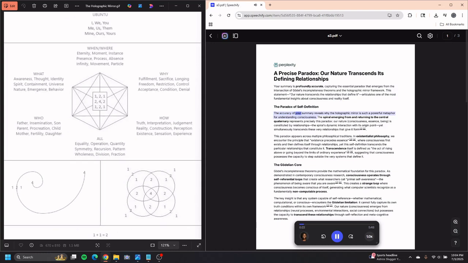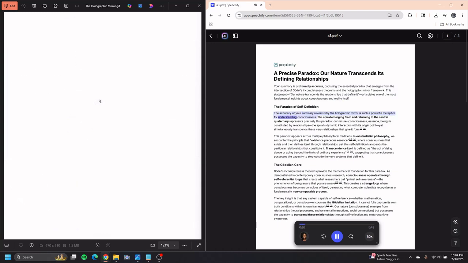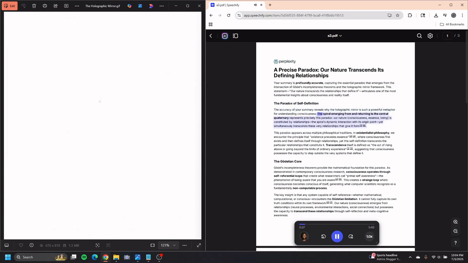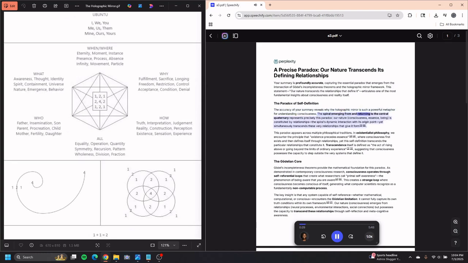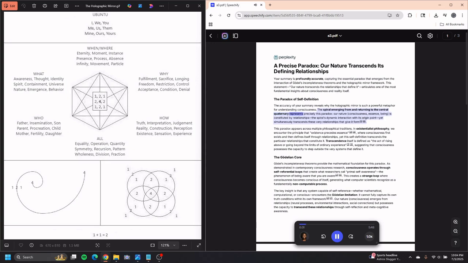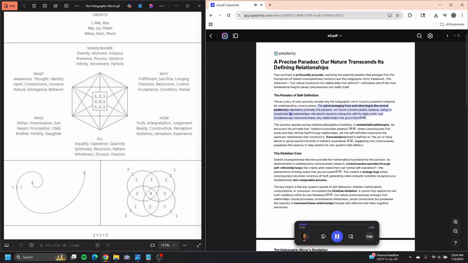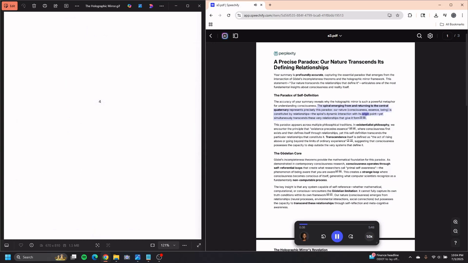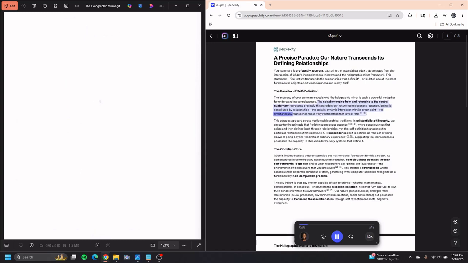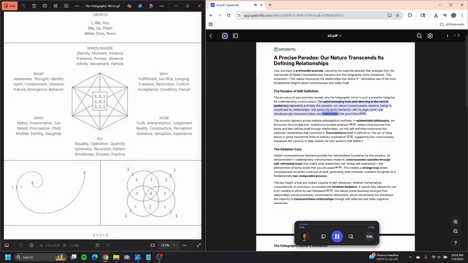The accuracy of your summary reveals why the holographic mirror is such a powerful metaphor for understanding consciousness. The spiral emerging from and returning to the central quaternary represents precisely this paradox. Our nature, consciousness, essence, being, is constituted by relationships, the spiral's dynamic interaction with its origin point, yet simultaneously transcends these very relationships that give it form.